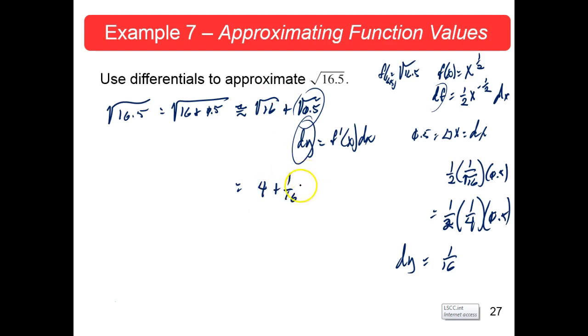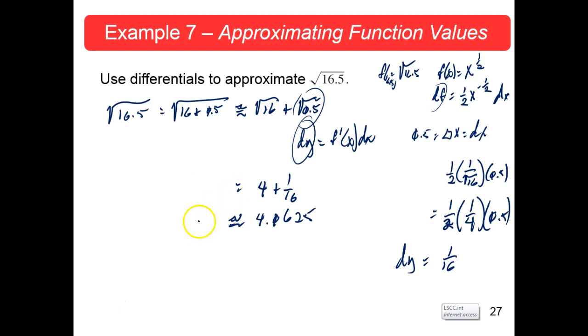And 1/16 is 4.0625. Is that right? I can't remember for sure. Okay. A quarter is 0.25, an eighth would be 0.125, and this would be 0.0625.